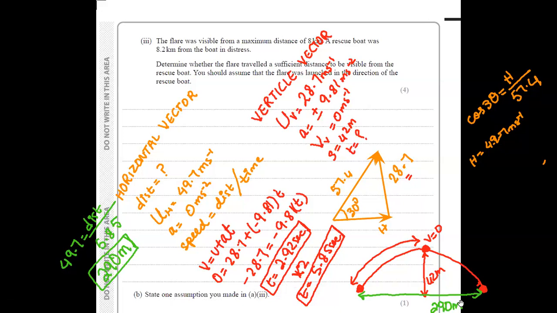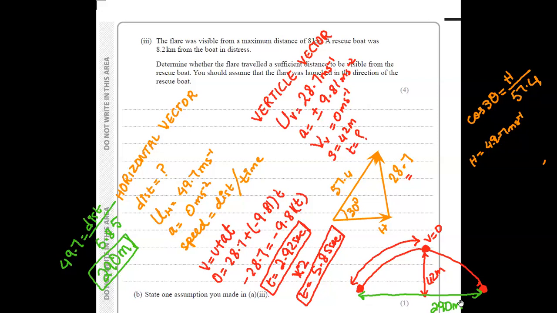They said the flare was visible from a maximum distance of 8 kilometers, right? So the horizontal distance we are getting is 290 meters, which if I want to turn it into kilometers, I will go ahead and divide it by 1,000, right? So divided by 1,000 to turn it into kilometers.